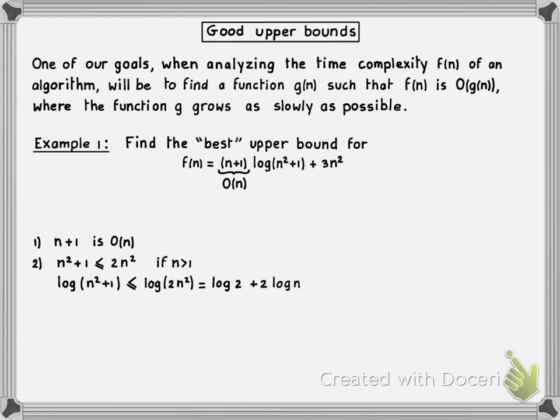That's because, remember, the logarithm of a product is the sum of the logarithms. And again, the logarithm of n squared, which is n times n, is the same as log n plus log n, or 2 times log n. So clearly, this expression is equal to that one. If you have trouble with this, make sure you review the video on the logarithmic functions.